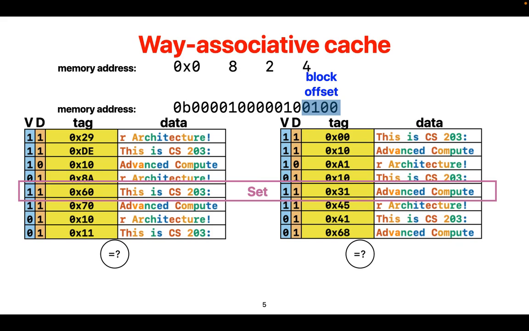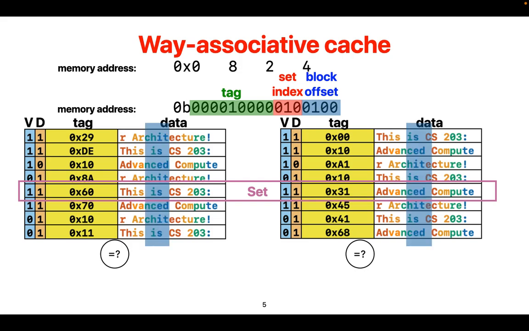The offset indicates the location of the requested byte or word within the block. The set index is the hash result of your memory address, indicating where in the cache we can find the data, and by where, it means which set. The remaining bits are the tag, which is the identification number of each cache block.